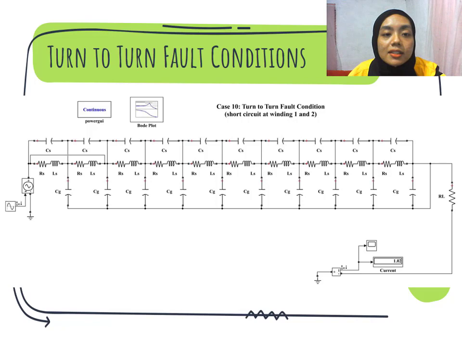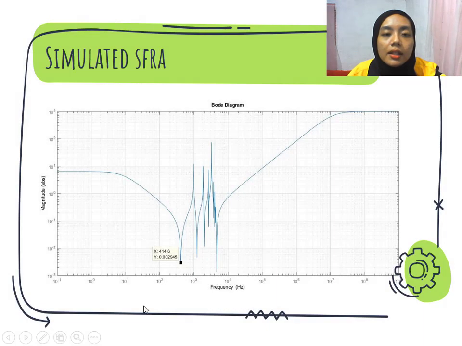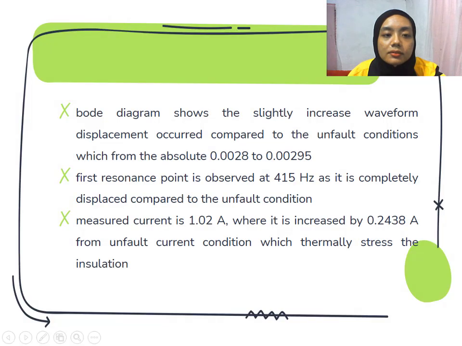Next, for the turn-to-turn fault condition, this transformer winding is short circuited at windings 1 and 2 here. And then this is the simulated SFRA. The Bode diagram shows a slightly increased waveform displacement compared to the unfault condition, from absolute 0.0028 to 0.00295.